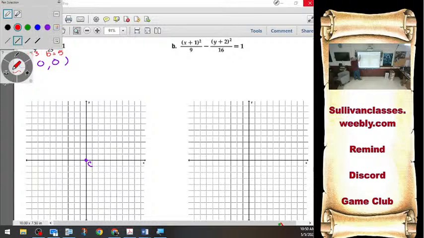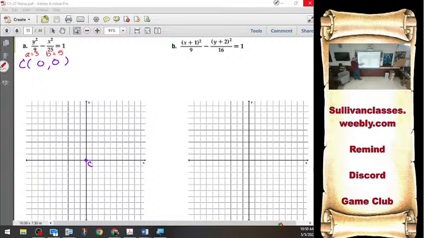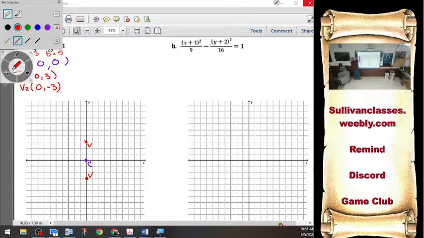So I'm going to A, north and south, for my vertices. And I will write those. Vertex 1 is at 0, 3. Vertex 2 is at 0, negative 3. B was 5.